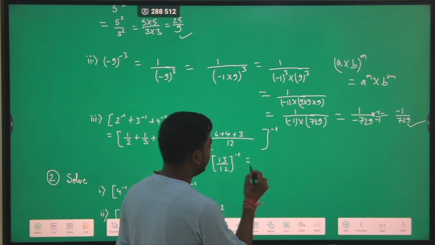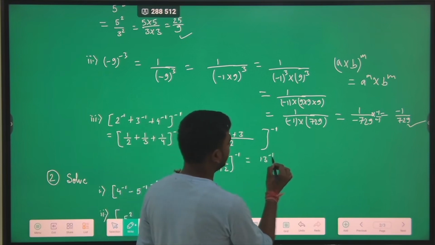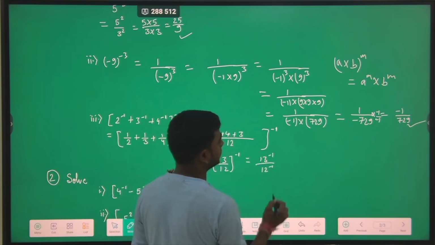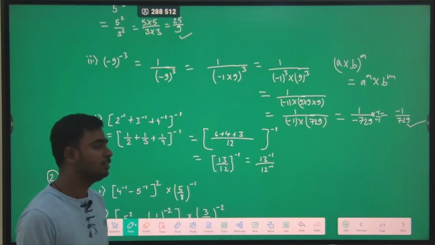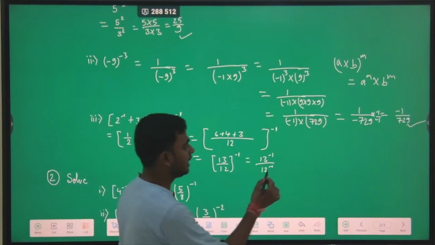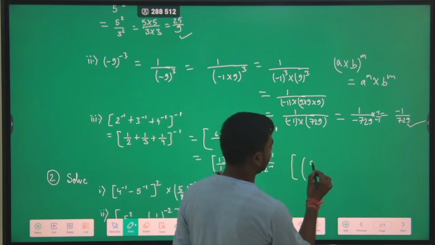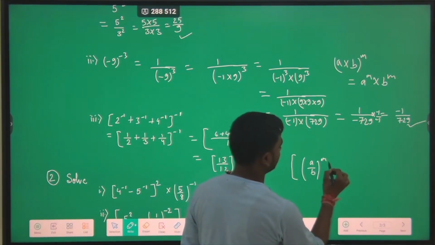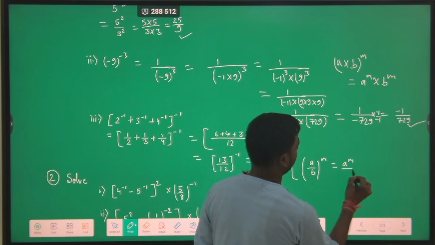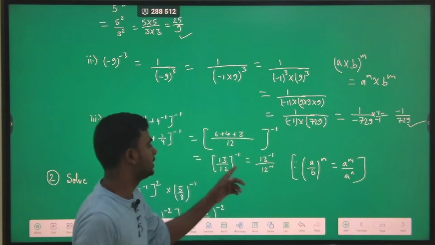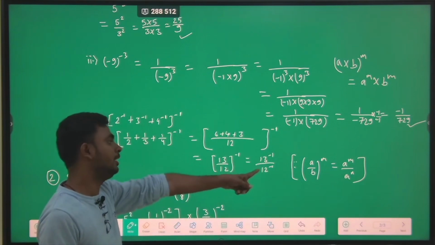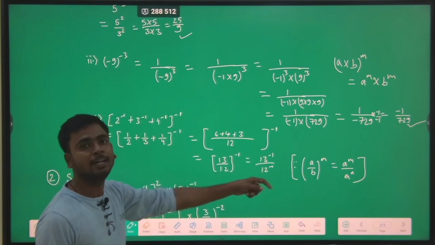What does it mean? It means 13 inverse upon 12 inverse. Okay. If a by b to the power m is given, then through property we can write a to the power m upon b to the power m. Using this law, we can say that 13 by 12 inverse will be 13 inverse divided by 12 inverse.